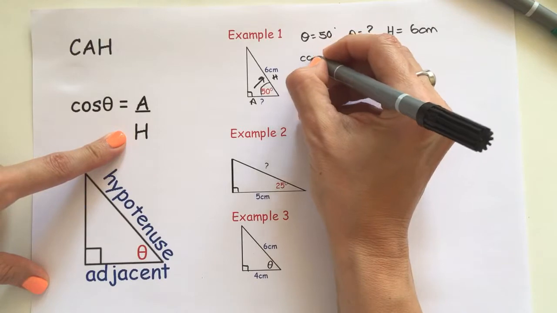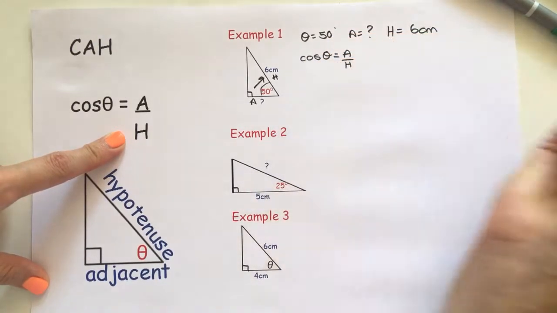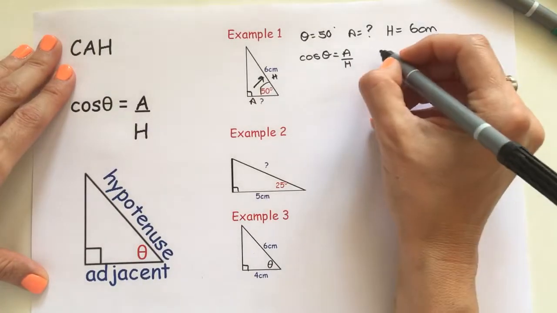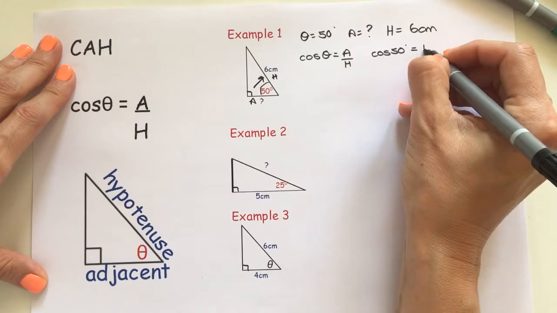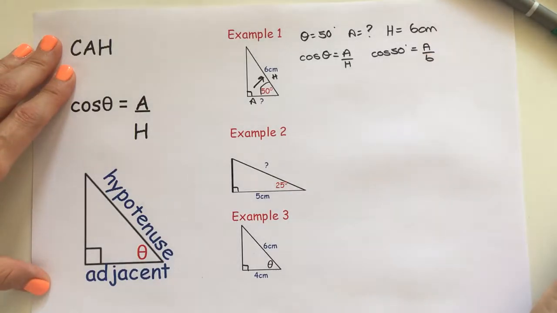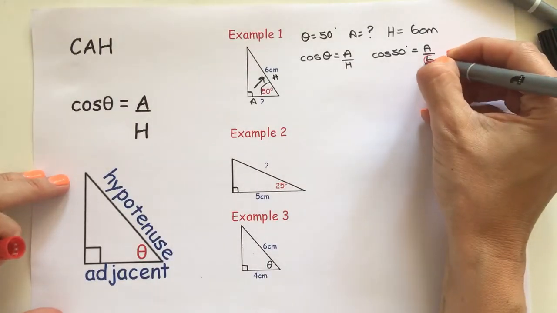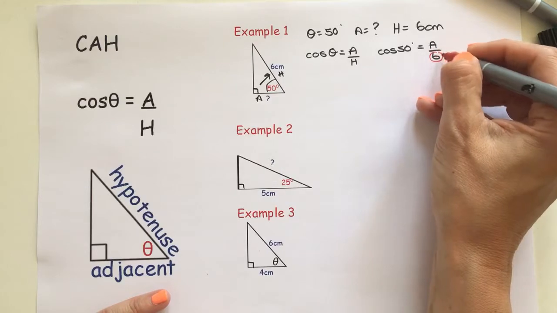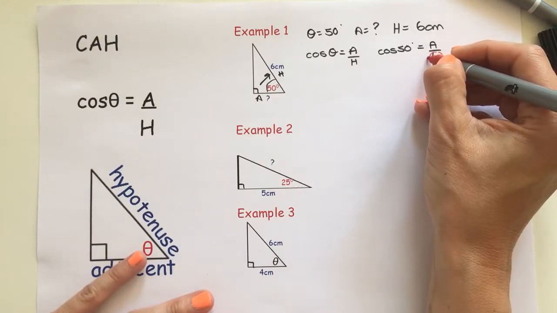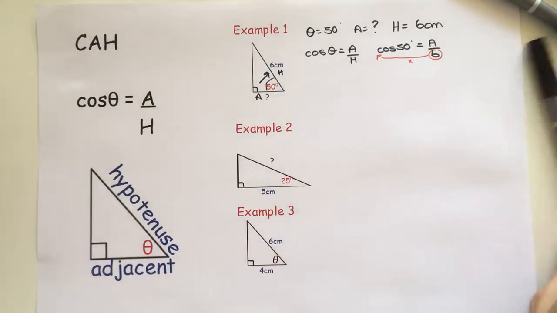So cos theta equals A over h, and then substitute the numbers in. So cos 50 degrees equals A over 6. Now we need to rearrange. So we are required to move the 6. It's being divided at the moment on the A. So if we move it, change signs, we must multiply it across.